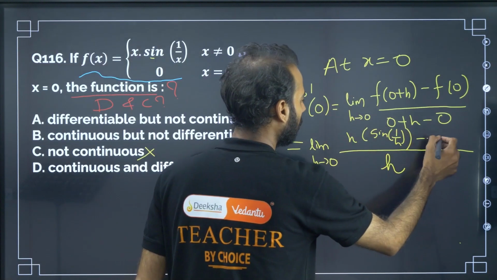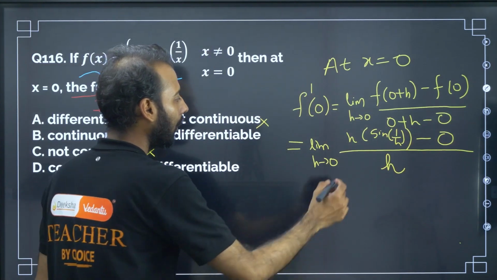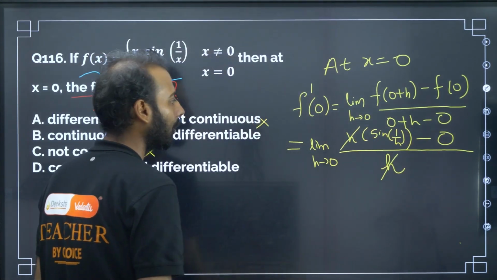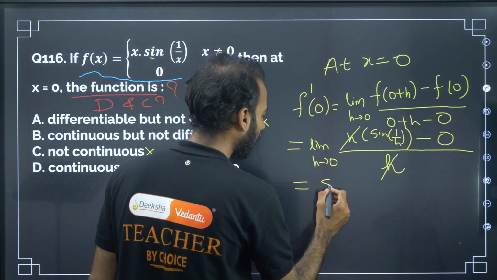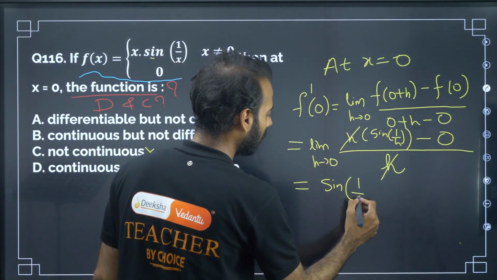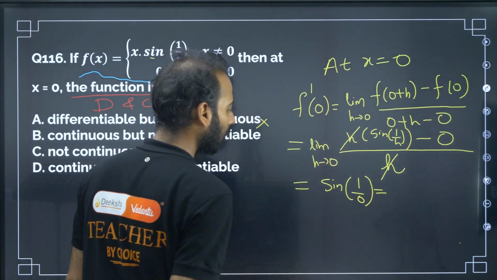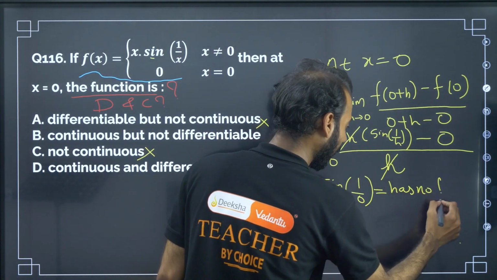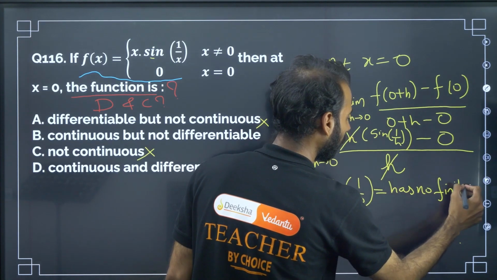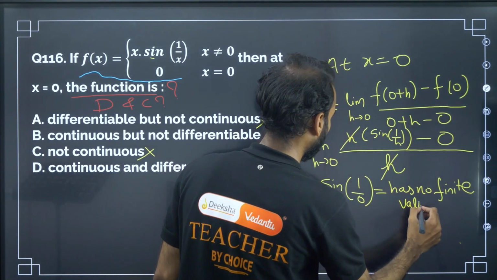Also, if I am writing 0 here, h and h will get cancelled, leaving 1. Limit h tends to 0, sine of 1 by 0. This sine of 1 by 0 has no finite value.